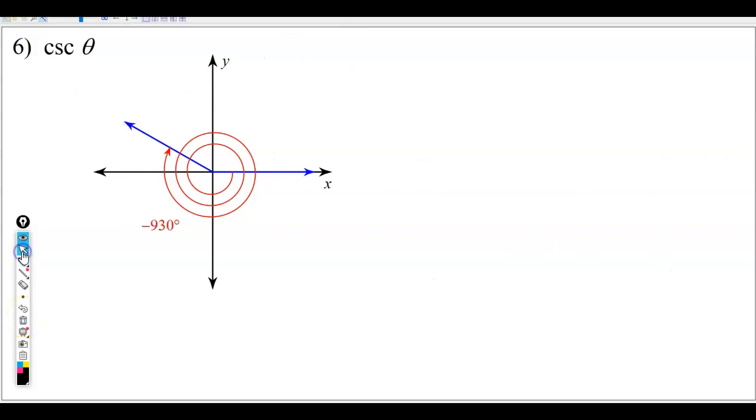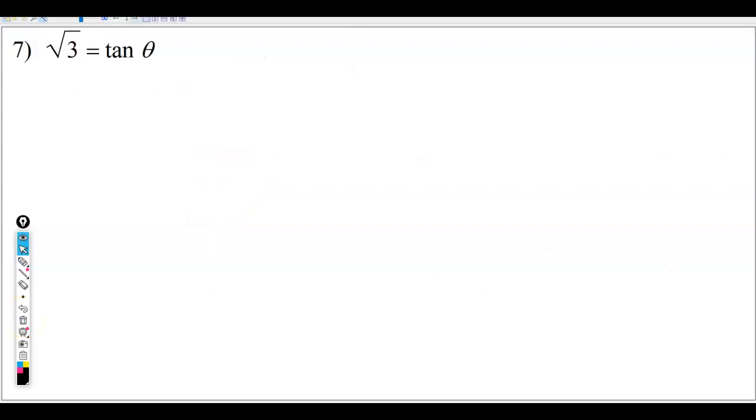Let's go ahead and move on to another one here. Tangent of theta equals radical 3. For this one, you want to have out your unit circle once again, and look at the tangent circle that we made in class. Number 7 is a different kind of question. It's a solving question.